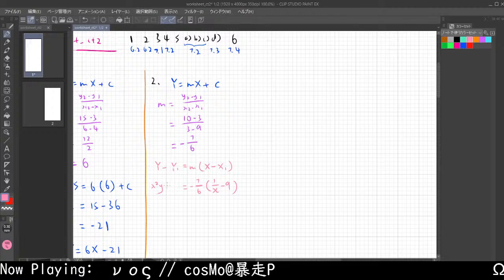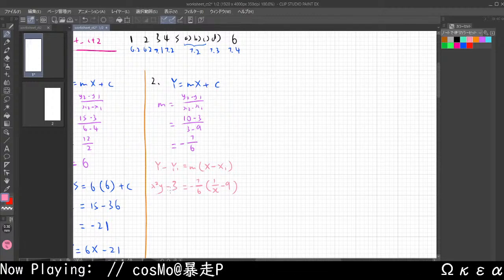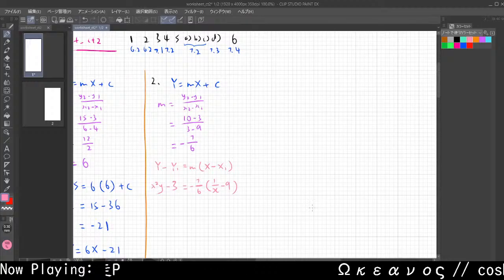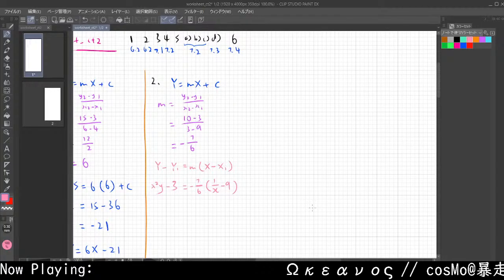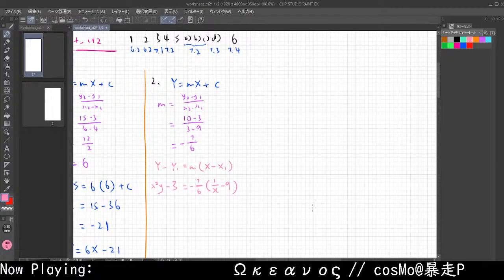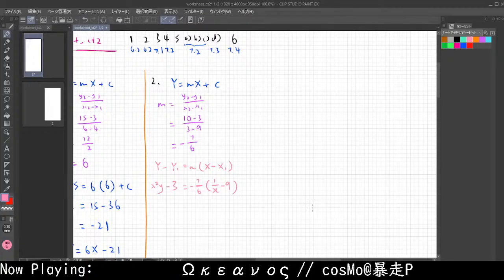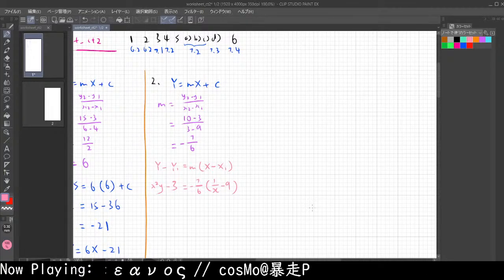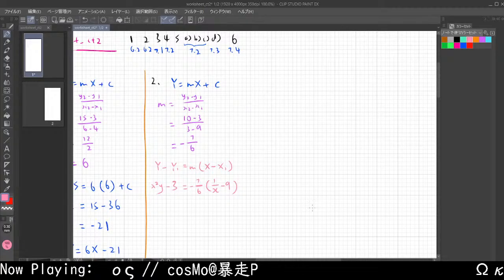Then my 3 is capital Y, so y1, like this. So basically you just get this. You just need to replace whichever variables you get in terms of the ones given in the question.